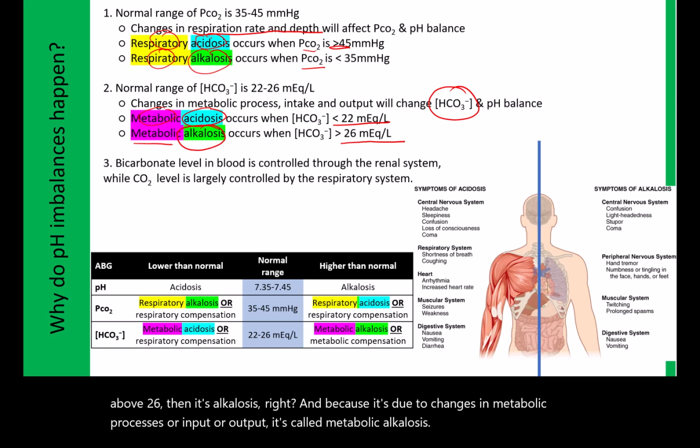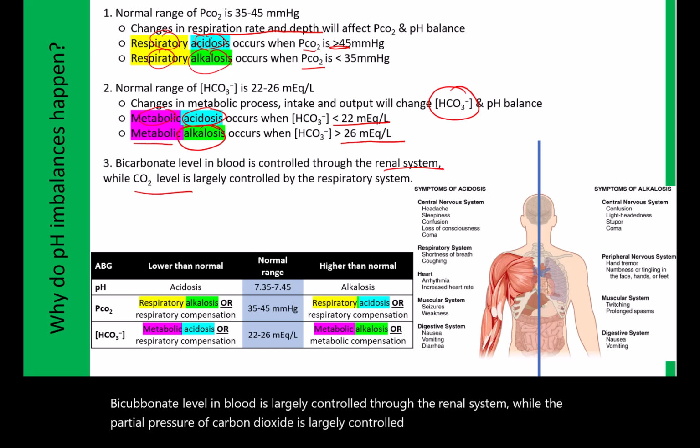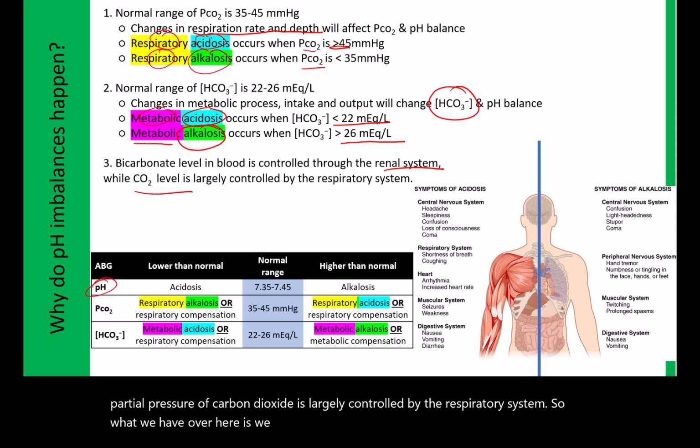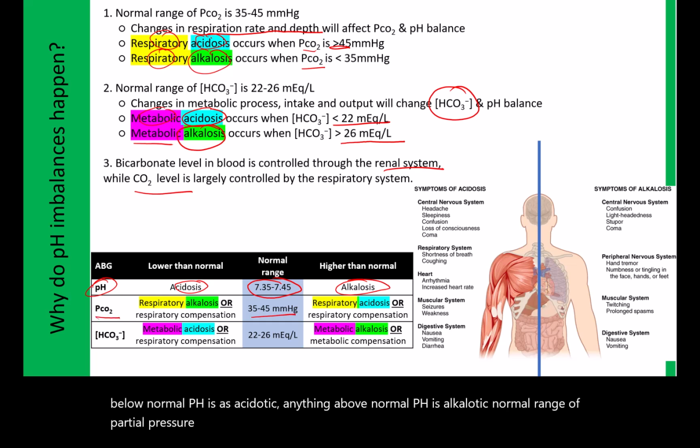Bicarbonate level in blood is largely controlled through the renal system, while the partial pressure of carbon dioxide is largely controlled by the respiratory system. So what we have over here is pH, with the normal range 7.35 to 7.45. Anything below normal pH is acidotic, anything above normal pH is alkalotic. Normal range of partial pressure of CO2 is 35 to 45 millimeters mercury.